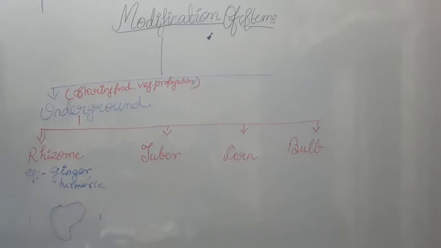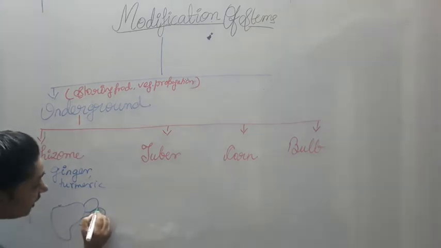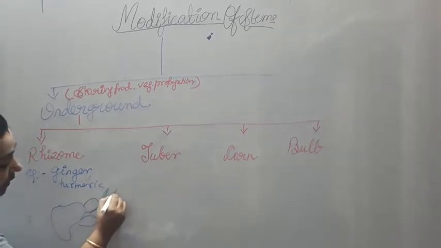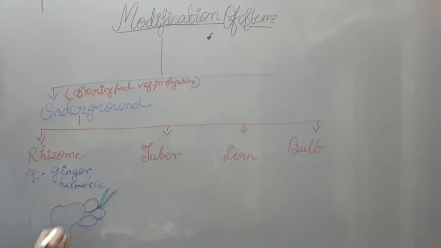On this ginger you will find another bud kind of structure, another part or organ of it develops, and each developed part has a separate node, and these nodes are specialized to develop the stem, right? So from each part of it another stem can be developed.